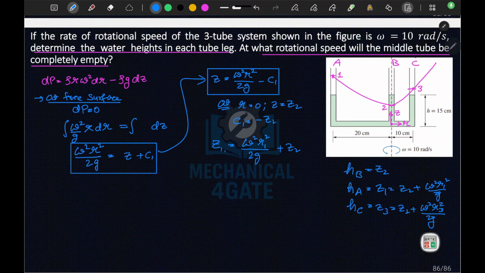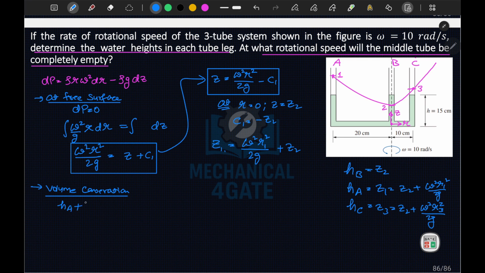Now again, this total column length will be HA plus HB, or from mass conservation, or volume conservation. From volume conservation, what would this be?